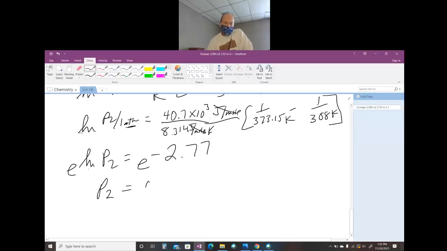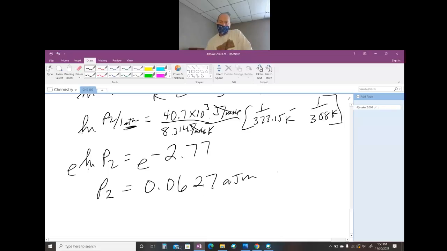That is 0.0627. And that is in atmospheres because we put P1 in atmospheres. So whatever you get for P2, that is the unit, atmospheres. Many times for vapor pressure, they're going to ask for millimeters of mercury.